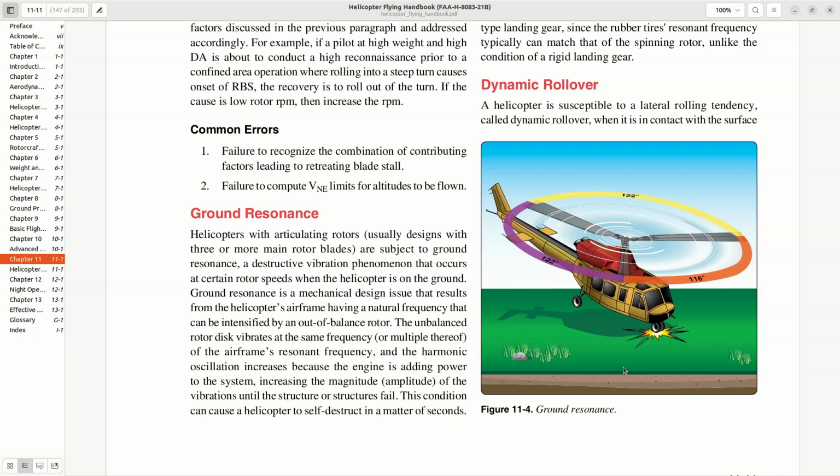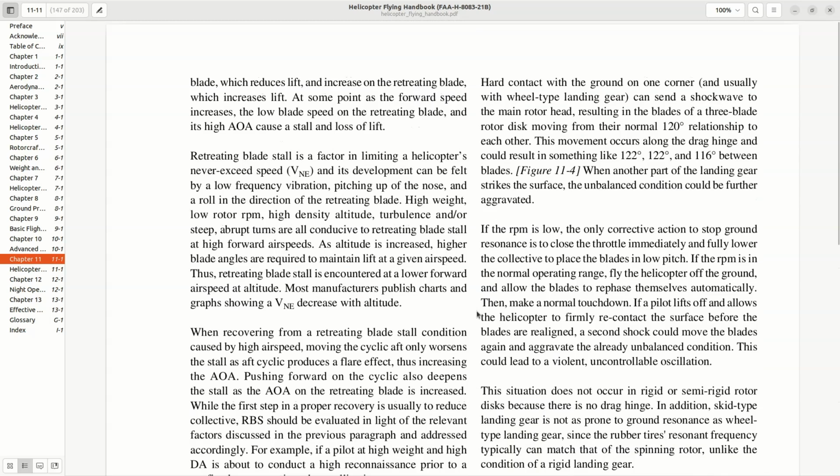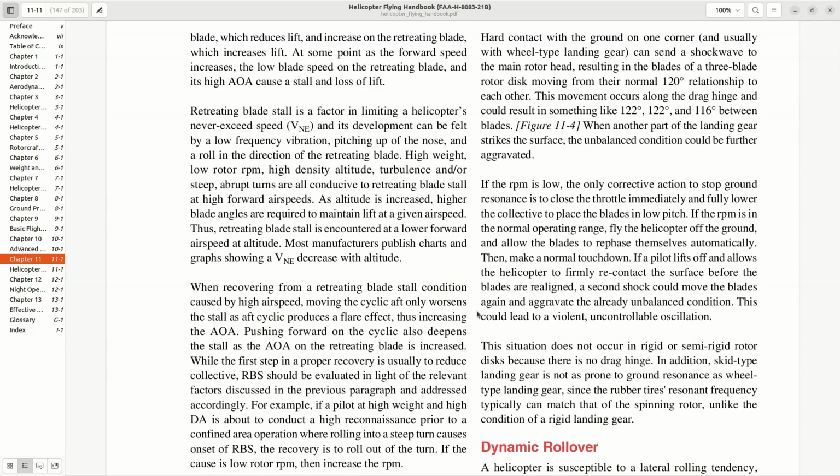And this thing is just going to wobble, and it can get worse and worse and worse. And if you look online, you'll find some videos of helicopters blowing themselves apart. What do you do? You have a couple of options. If you have enough RPMs to get off the ground, if you're not on the ground, you can't have ground resonance. Makes sense.